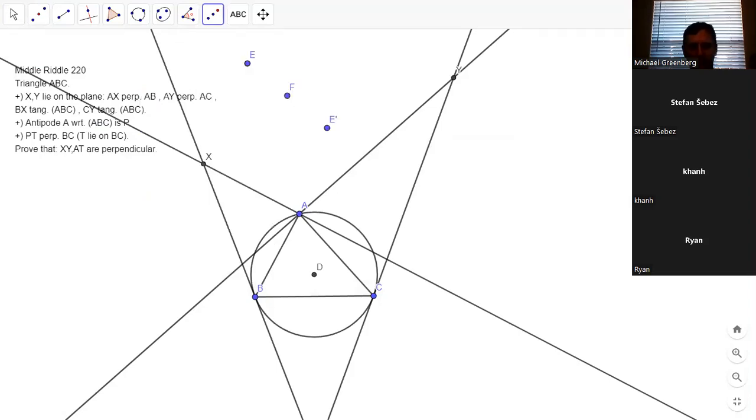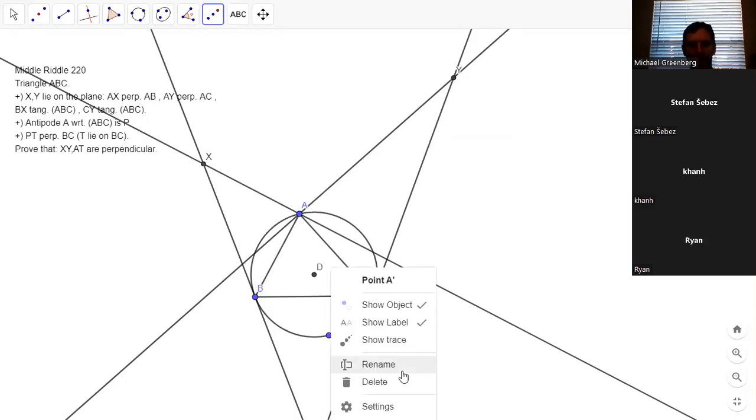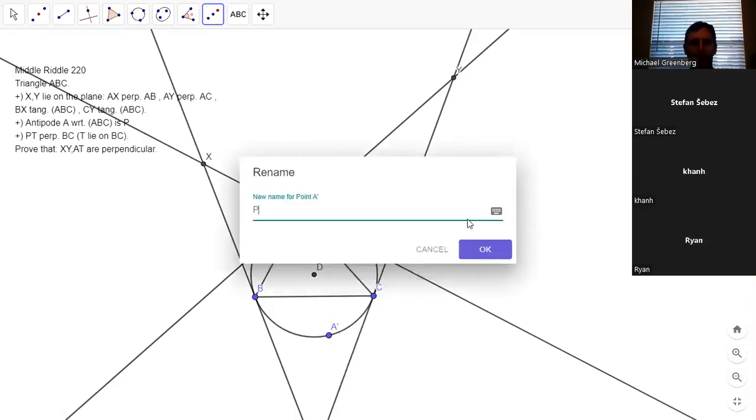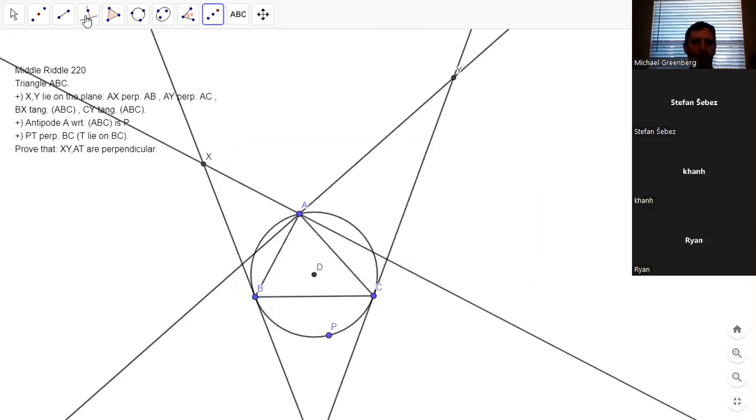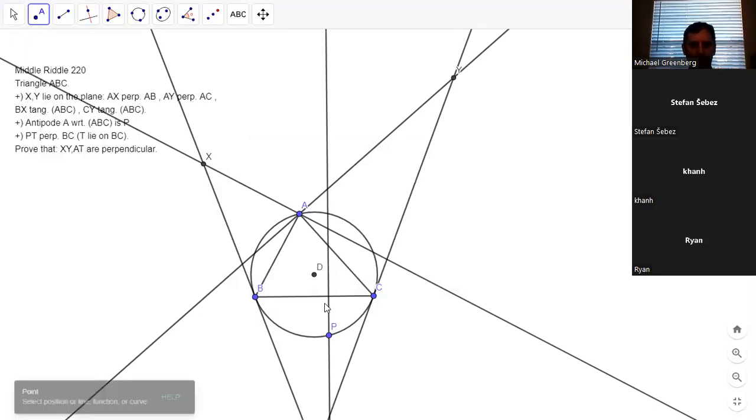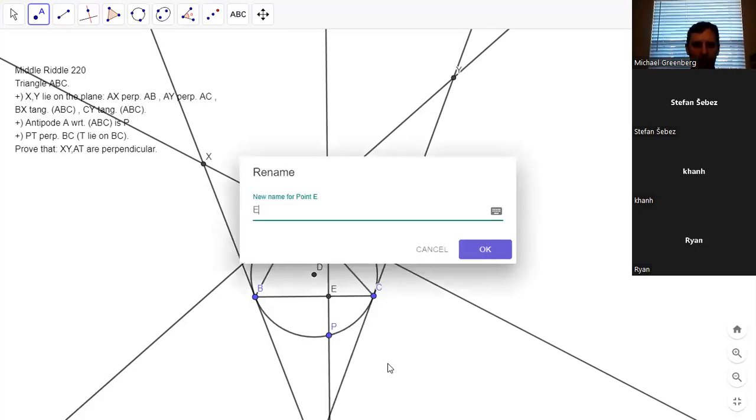So this will be P. And then we drop a perpendicular from P to BC. And we get T. And we want to show XY and AT are perpendicular. All right. So the center I will call O.